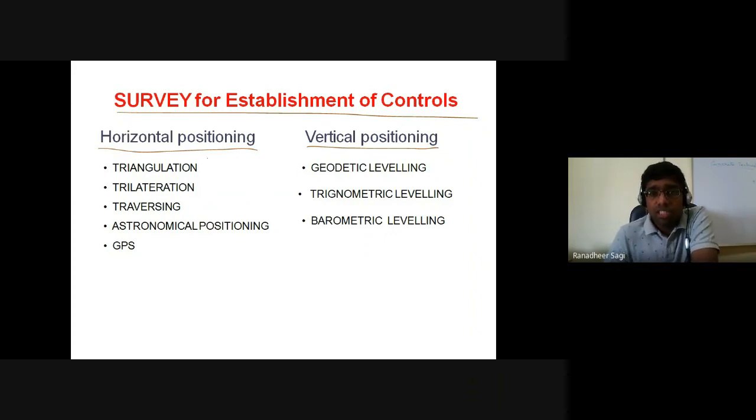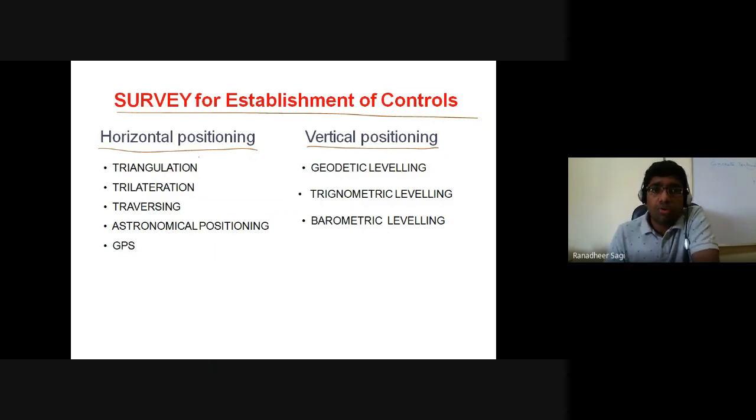Now how do we get this horizontal control prepared, or this vertical control prepared? Horizontal control means knowing the horizontal position of various things from some reference, and knowing the vertical position of various things from some point of reference is what we call vertical control.